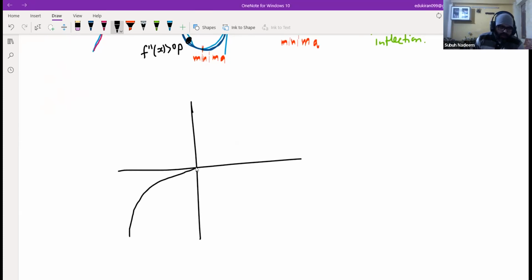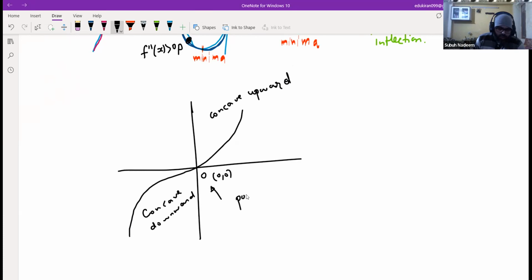Like here, they have taken a graph like this. And since it is concave downward, and here it is concave upward, this point here, the origin (0, 0), can be called the point of inflection.